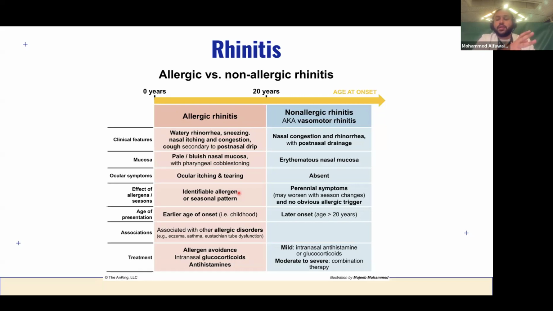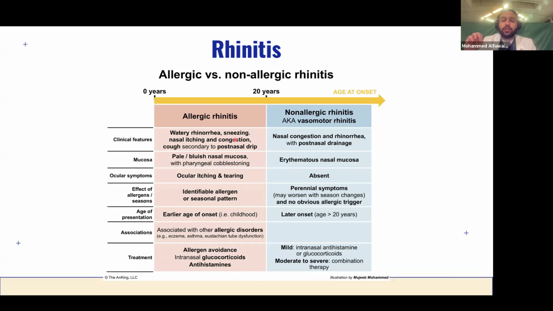Very similar to all of these, if you have a specific allergen that you're allergic to, and then suddenly you have rhinorrhea, discharge, you're sneezing a lot, you have congestion. This is allergic. You're allergic to that specific substance. This is an allergic disease, an atopic disease. So you'll have watery rhinorrhea, sneezing, nasal itching, congestion in response to a specific trigger.